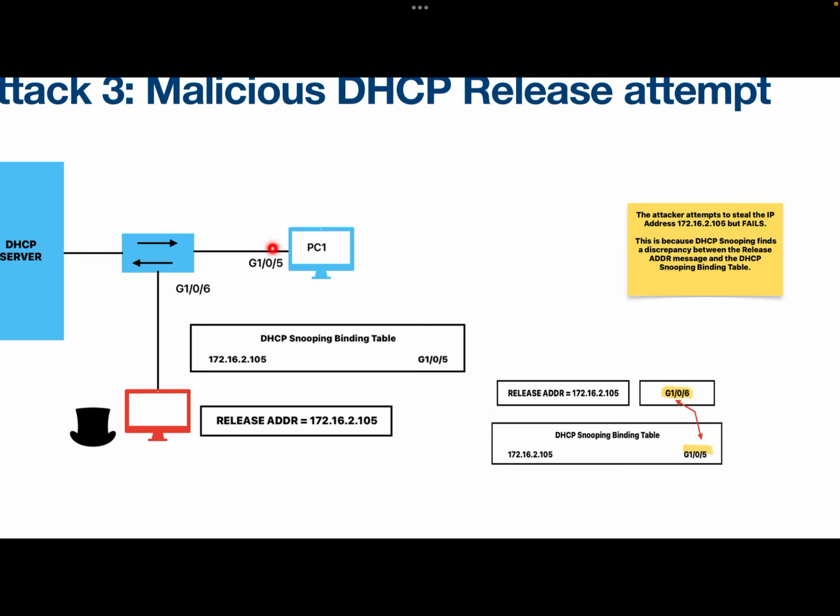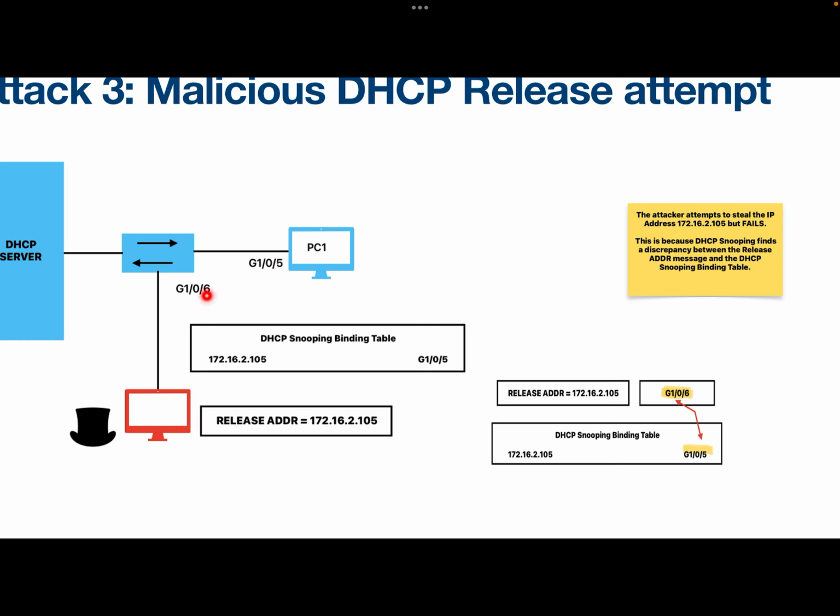This attacker knows that PC1 has the IP address 172.16.2.105, and it wants that IP address. So it attempts to send a release message to the DHCP enabled switch saying, please release 172.16.2.105.